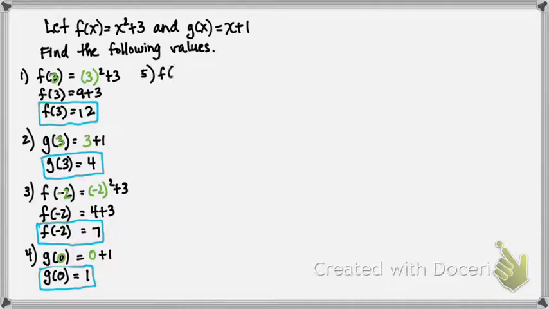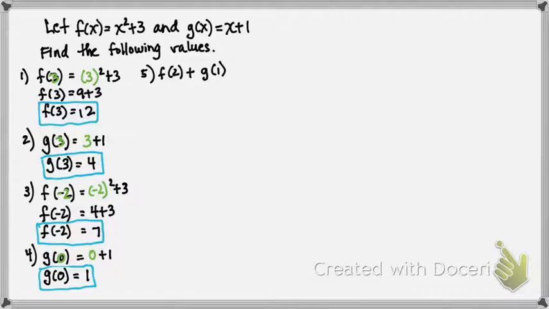Ooh, now we're going to get complicated. What if I want to figure out the value of the function f at 2 and add it to the value of the function g at 1?